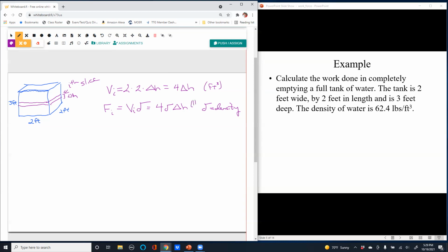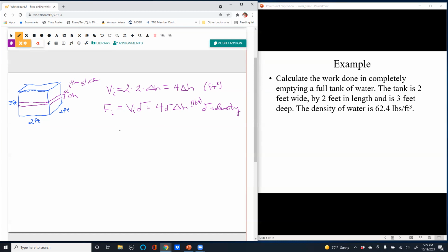Our units would be pounds, all right? That checks out because this is a force. Our force should be in pounds. So a couple reasons that I stressed paying attention to the units. One is it's something we should know, so we know what we're solving, but also it should make sense. This is a force. Our answer should be in pounds at this point.